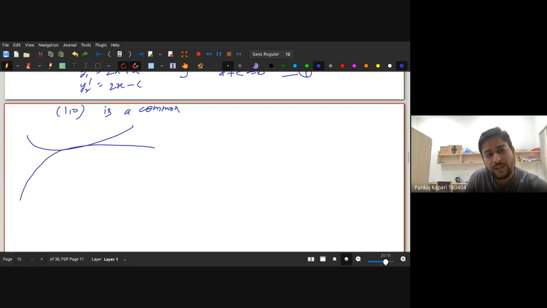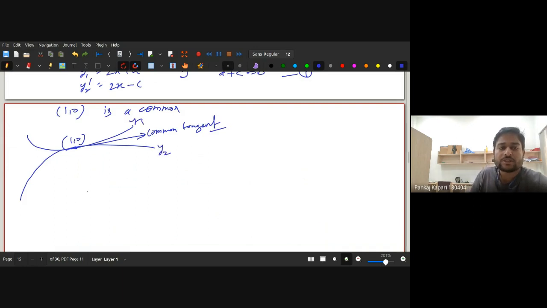Two curves having the same tangent means at that particular point, (1, 0), both curves have the same tangent. This is the common tangent. Both curves are tangential. This is y1 and this is y2. So this is the situation.